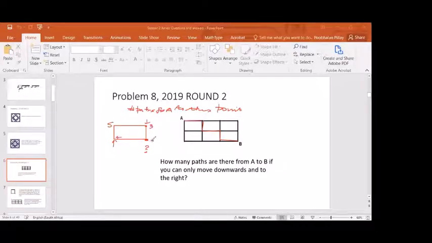So altogether, the number of ways of reaching this point is 3 plus 4, which is 7. So in short, if you know these two numbers, you can calculate this one in any of these rectangles, because you can only move downwards or to the right.